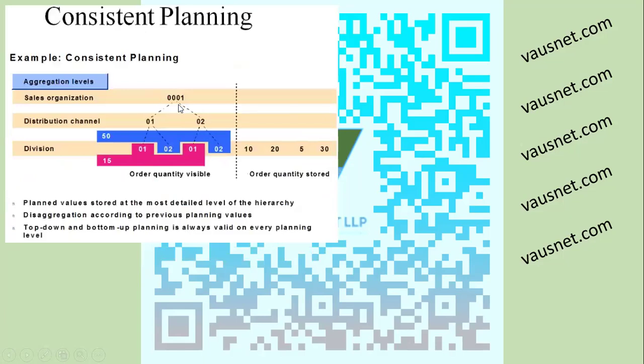Now, consistent planning is basically you at a higher level have sales organization, and that actually produces sales amounts for the previous year. And under those sales organizations, we have distribution channels and then divisions which are recording sales. The division can be an area or a product. The distribution channel can be North America and South America. Okay.